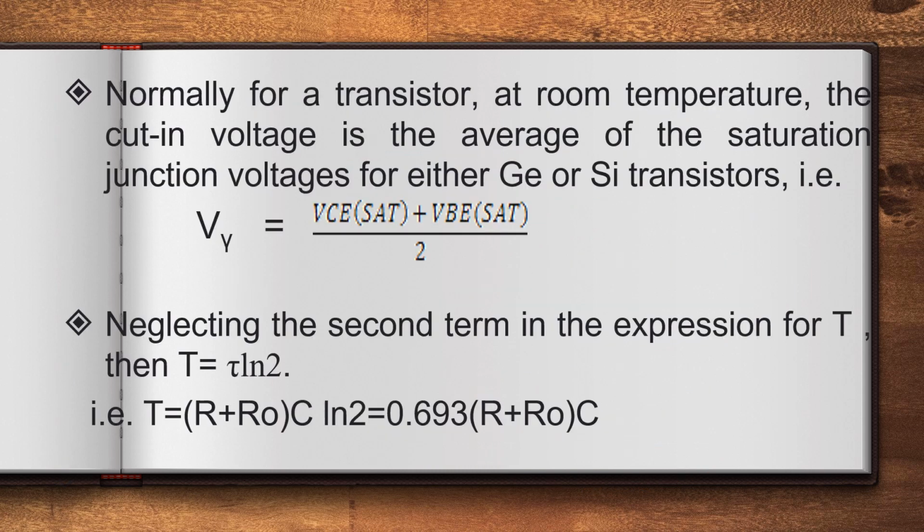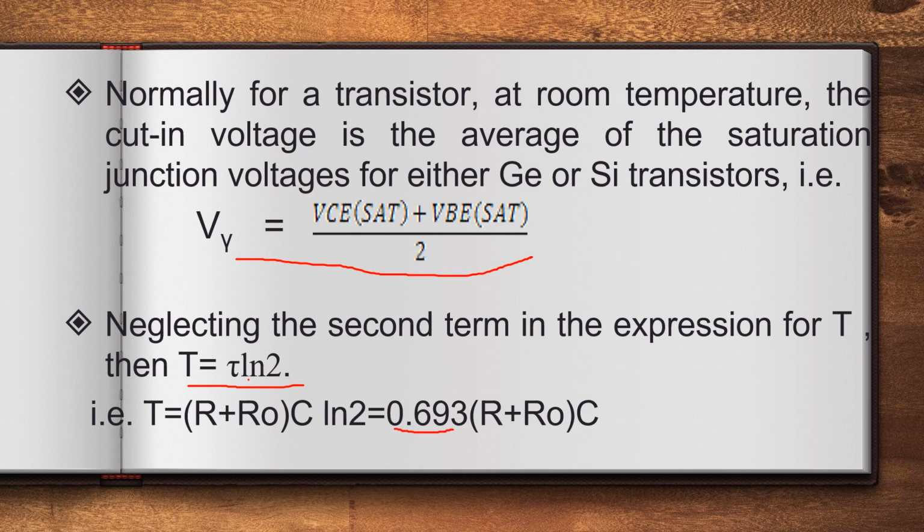Normally for a transistor at room temperature, the cut-in voltage is the average of the saturation junction voltages, for either germanium or silicon transistors. So V gamma equals VC sat plus VB sat by 2. The second term vanishes, and you get the expression for capital T equal to only tau log 2. What is the value of log 2? 0.693.